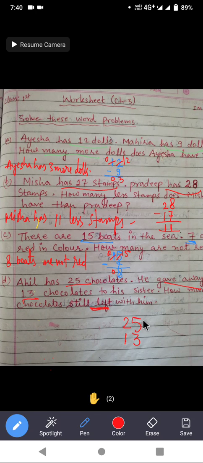In subtraction, we always put the bigger number on the top, okay, and the smaller number below that. So 5 minus 3 is 2, 2 minus 1 is 1. So how many chocolates are still left with him? 12. So you can write Ahil has 12 chocolates left with him.